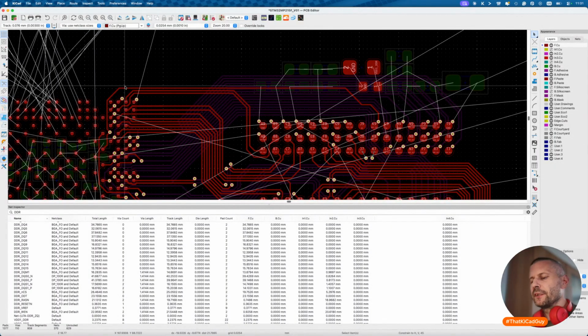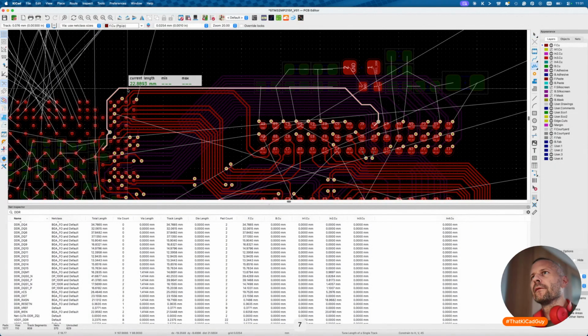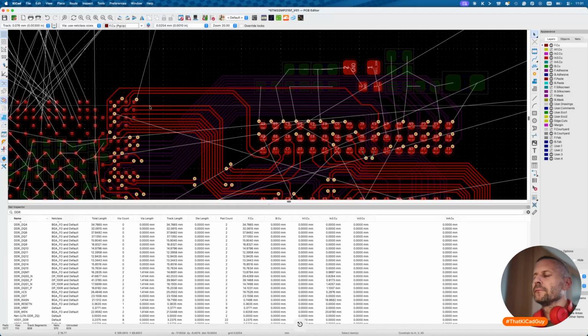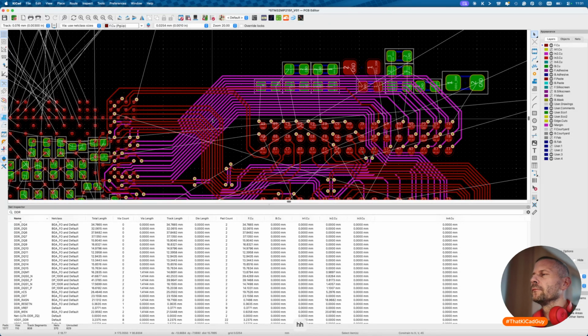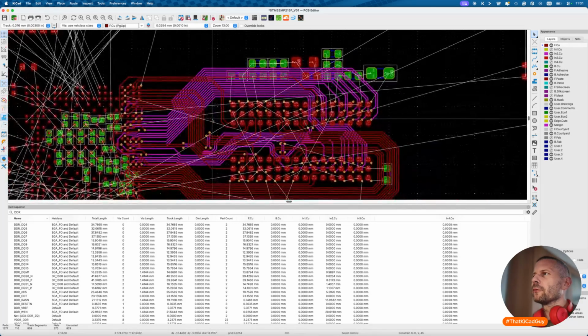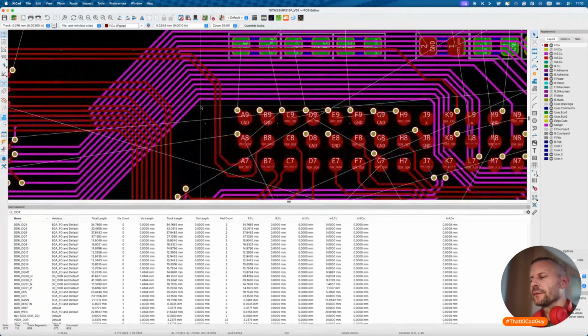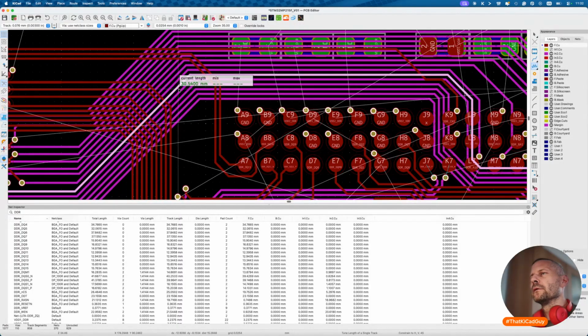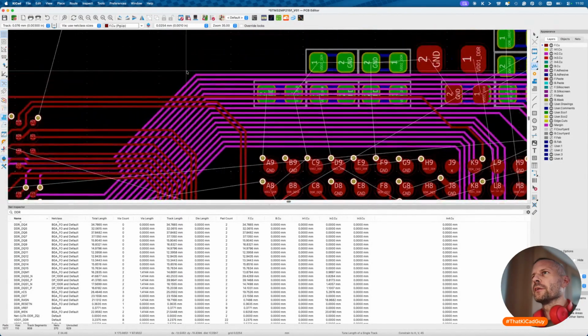What's the length of the CKE? 2. It's part of the control signals. Yeah, if it's 22.